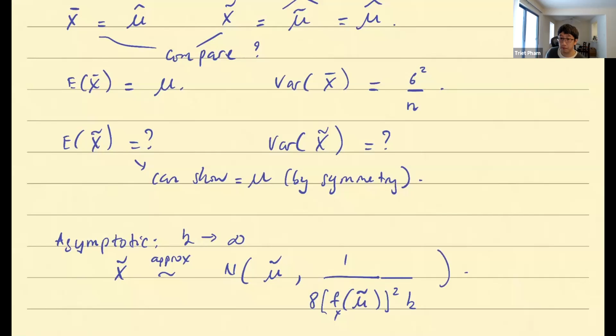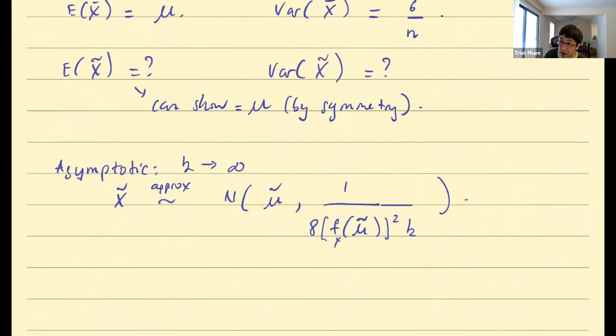Like that. Okay? So what's going on here? First of all, this is the population median. So it says that as your sample size gets large, your sample median is close to your population median. So it's consistent in that way.